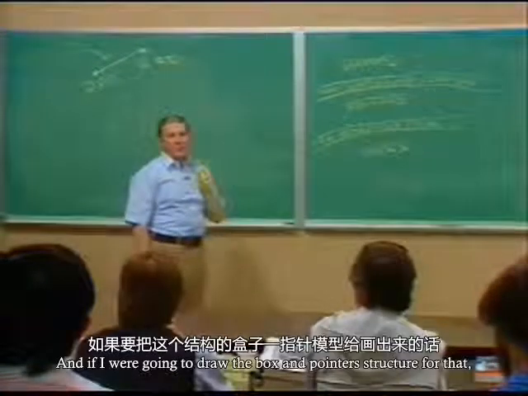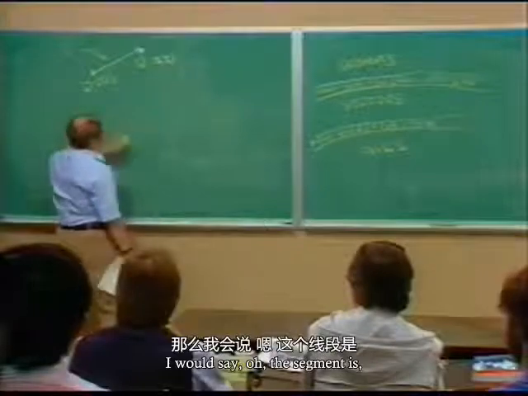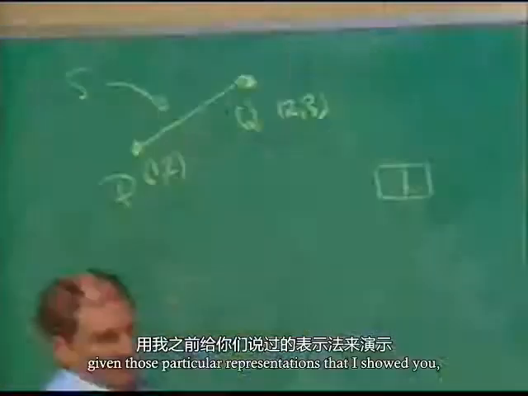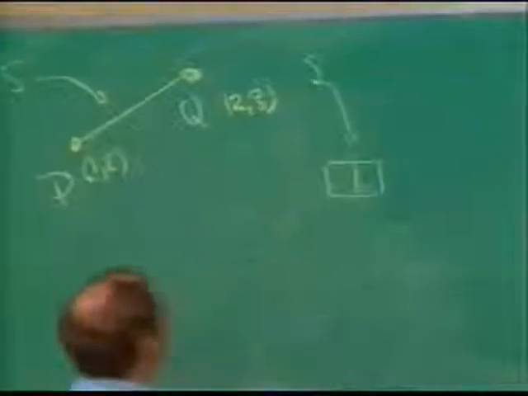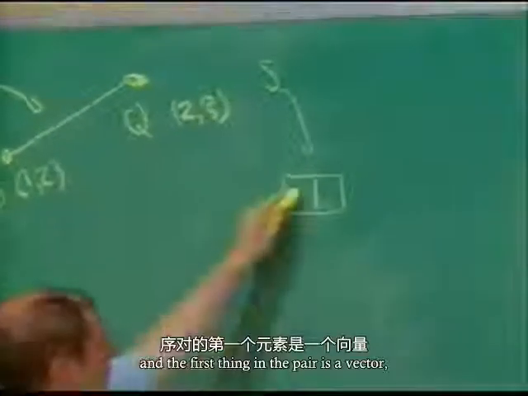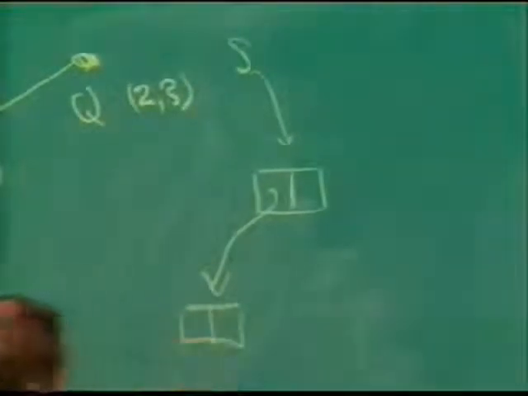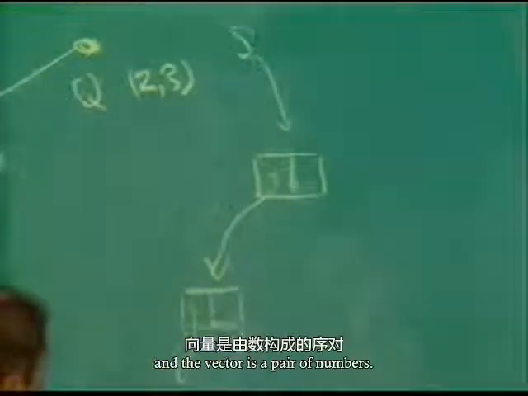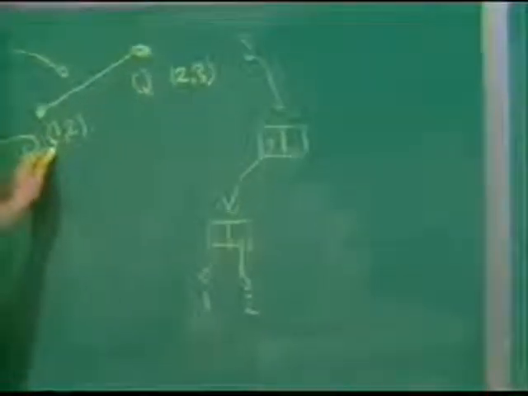And if I were going to draw the box and pointers structure for that, I would say this segment S is a pair, and the first thing in the pair is a vector, and the vector is a pair of numbers. And that's this, that's P.